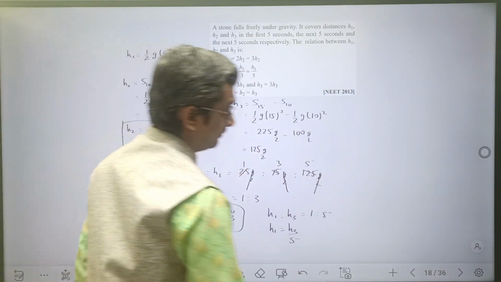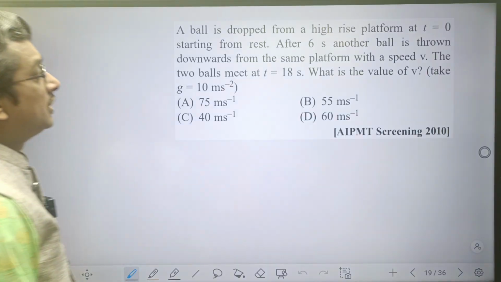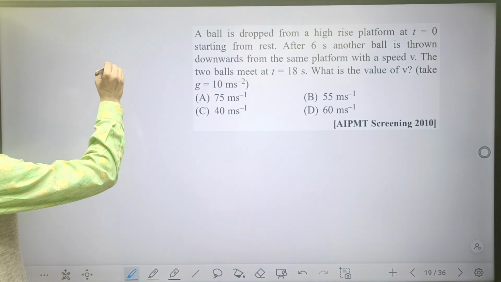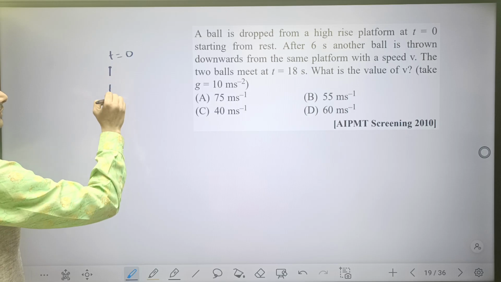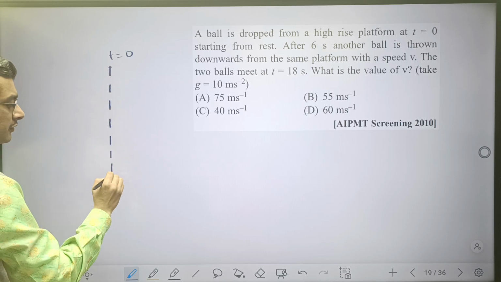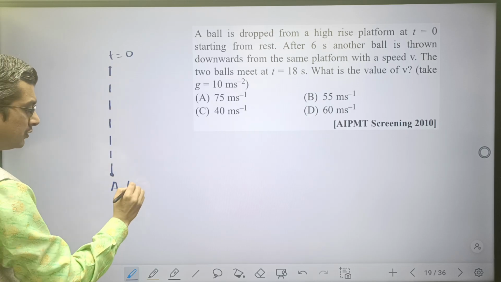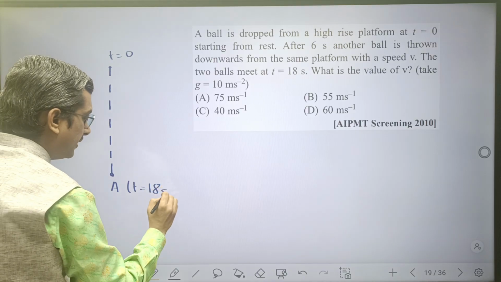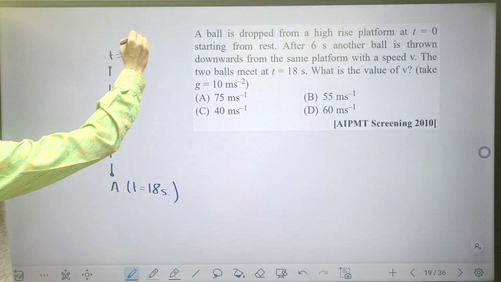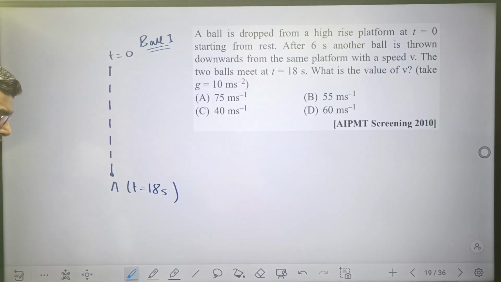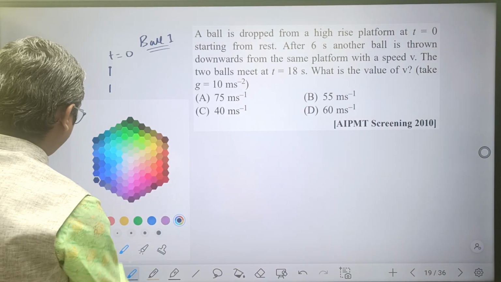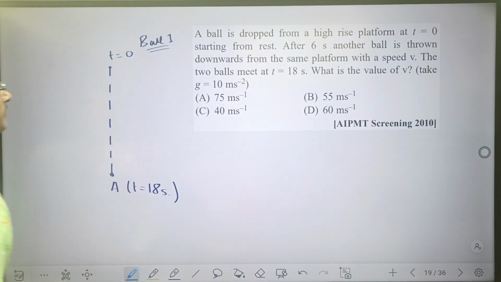Option B. Next. In the question it is given that a ball is being dropped at t is equal to 0, isn't it? And let us suppose at t is equal to 18 seconds, it reaches the position A. This is the case of ball 1, which I have drawn using a blue marker.